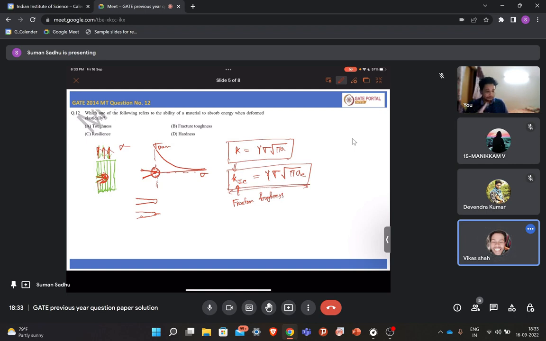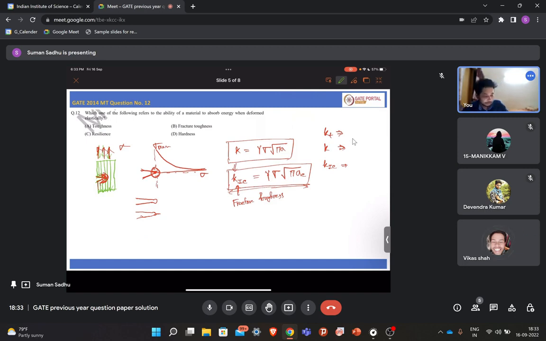So you've got different kinds of terms, right? One is KT. What is KT? What is K? And what is KIC? Now you remember? Now you can tell. Sir, KIC is the critical stress intensity factor, or it is termed as fracture toughness.